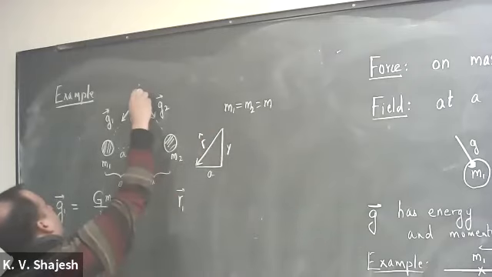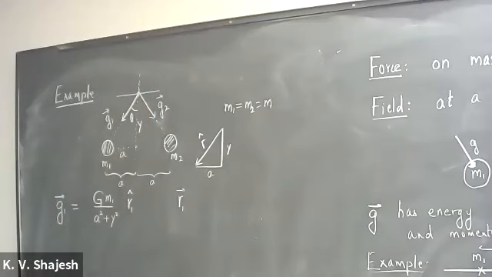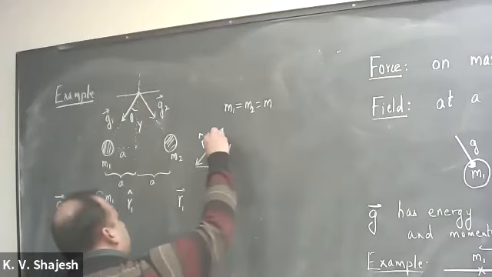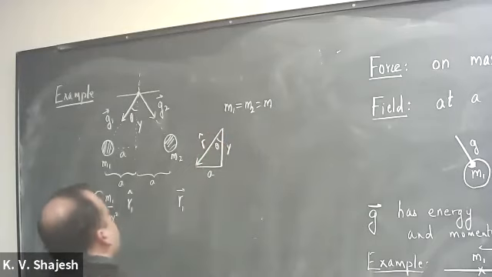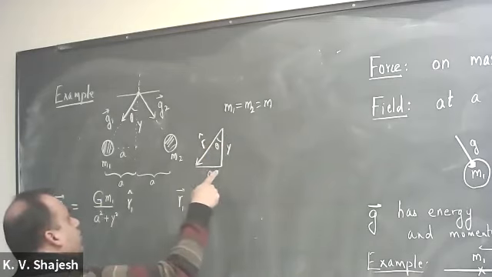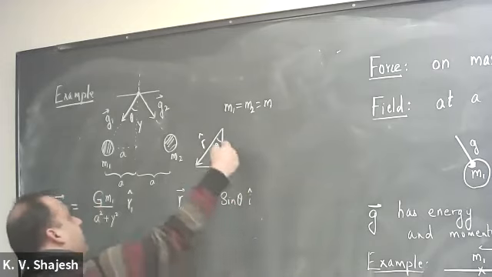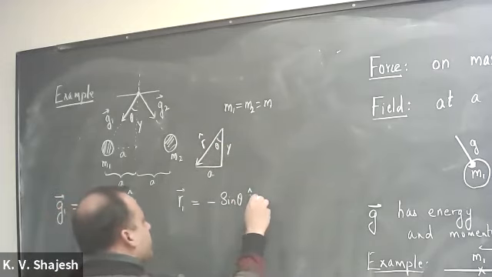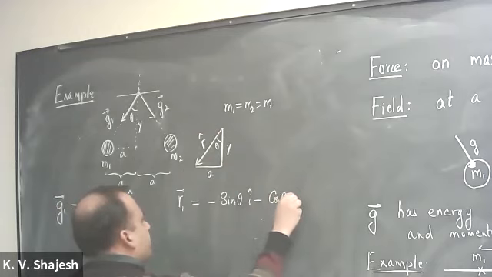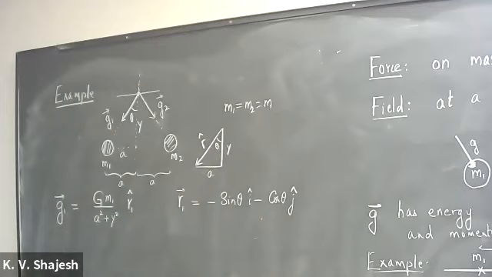If I think of this as my origin, that's in the third quadrant. So if I have this angle theta, I can get the direction of that vector. This will be sine theta, so it is minus sine theta in the i hat direction. And the y is also in the negative direction, so it's minus cosine theta in the j hat direction, where theta is given in terms of a and y.